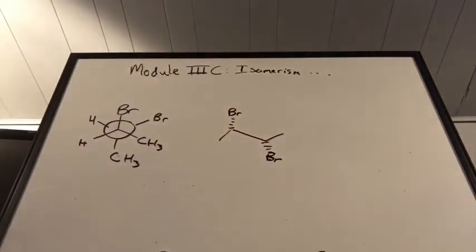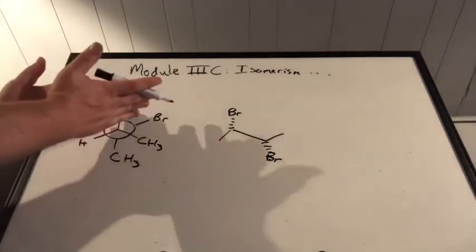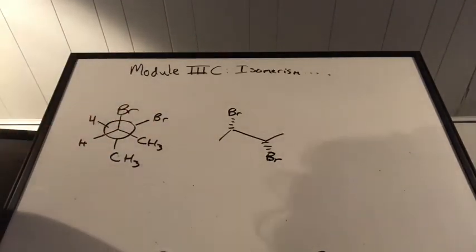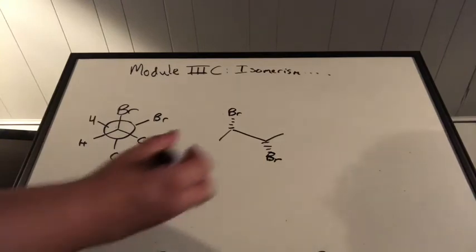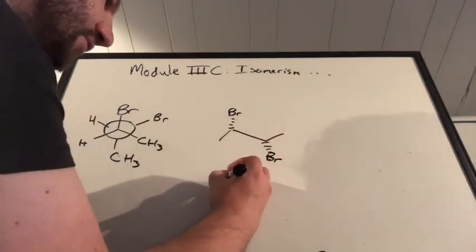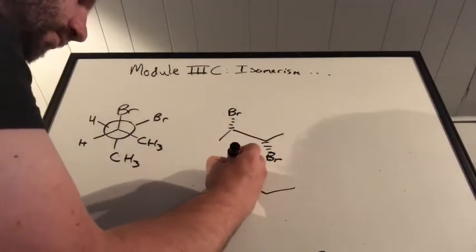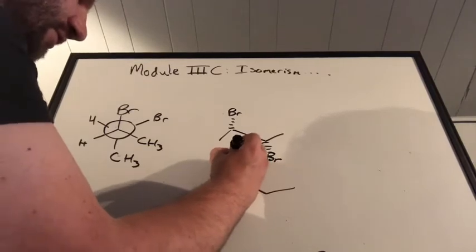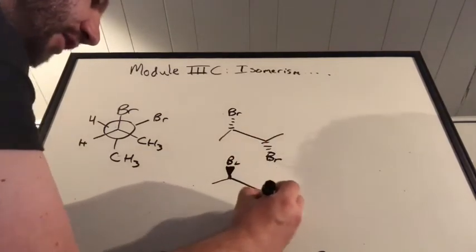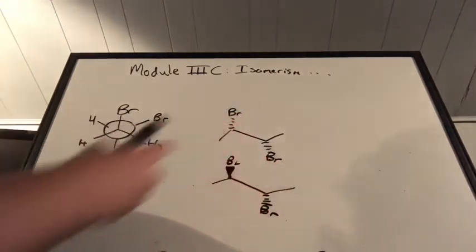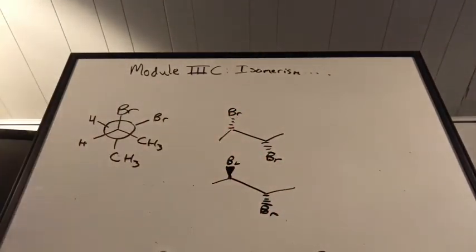These bromo groups, how they're situated, may not be in the same configuration like what you see right here. If you change one of those dashes to a wedge, you wouldn't have the same compound. You would have an isomer between the two. These would actually be diastereomers to one another, but we'll get into some of these definitions in a little bit.